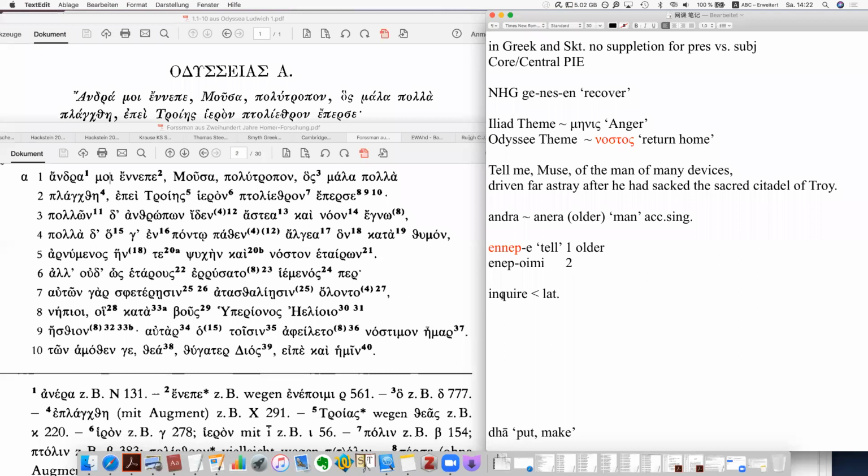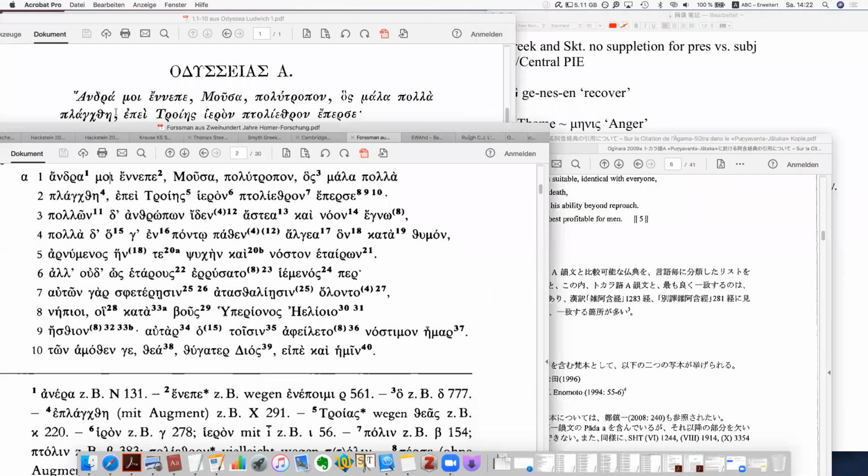The qu is actually a labiovelar, and this labiovelar usually turns into a p in certain contexts. And then let's check the dictionary.